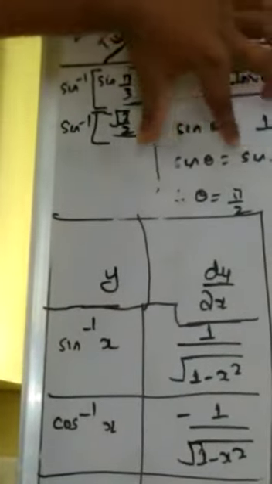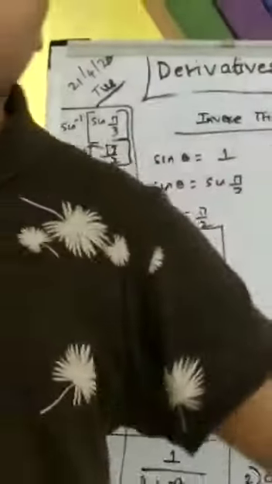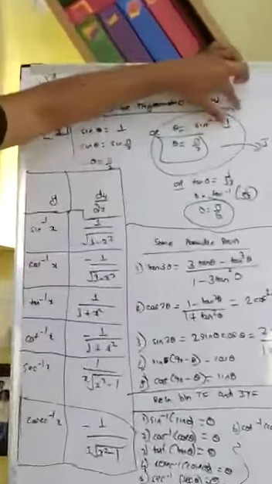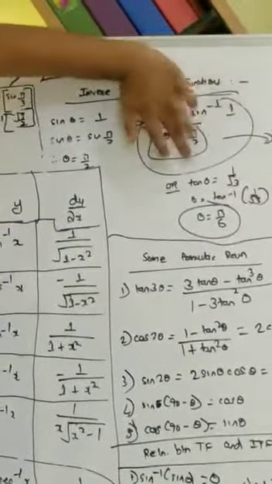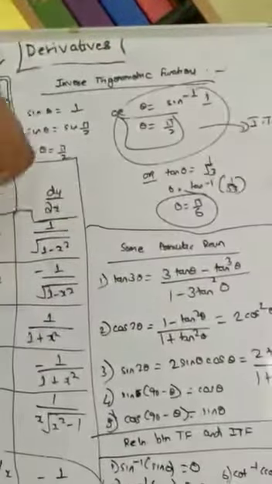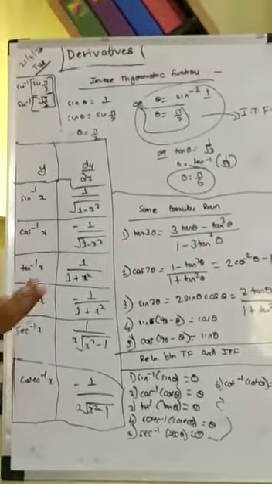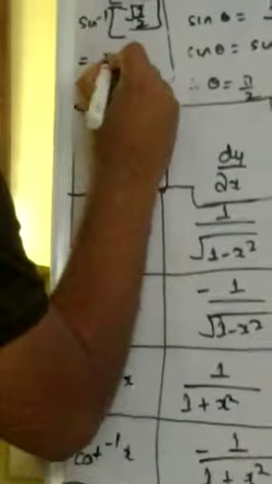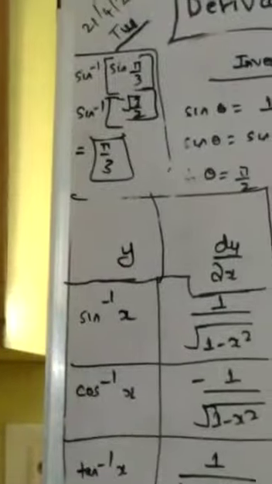So if sine inverse 1 was pi by 2, tan inverse 1 by root 3 was pi by 6. So the original angle's value, its inverse, that is inverse trigonometry, gives me back the angle. In regular trigonometry, the angle gives me the value. In inverse trigonometry, the value gives me back the angle. So root 3 by 2 is which angle, so to speak? It is pi by 3 or 60.